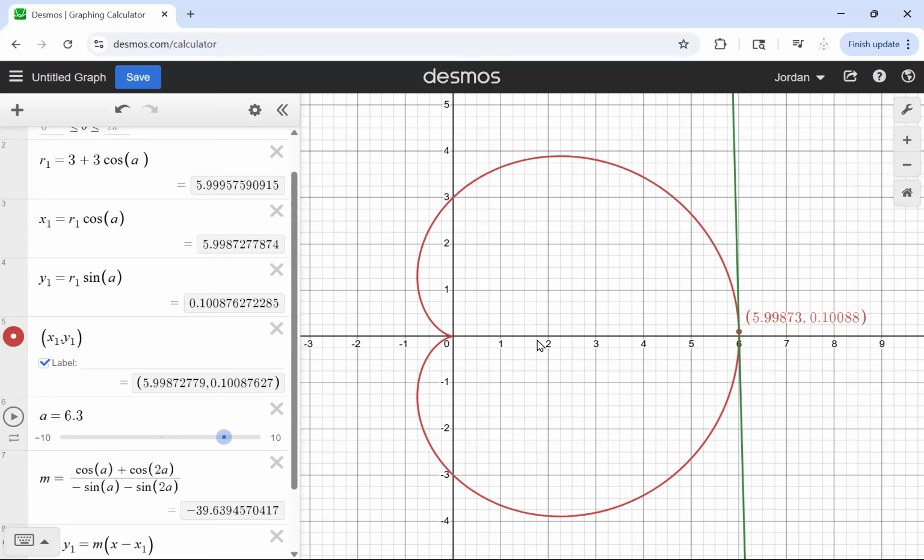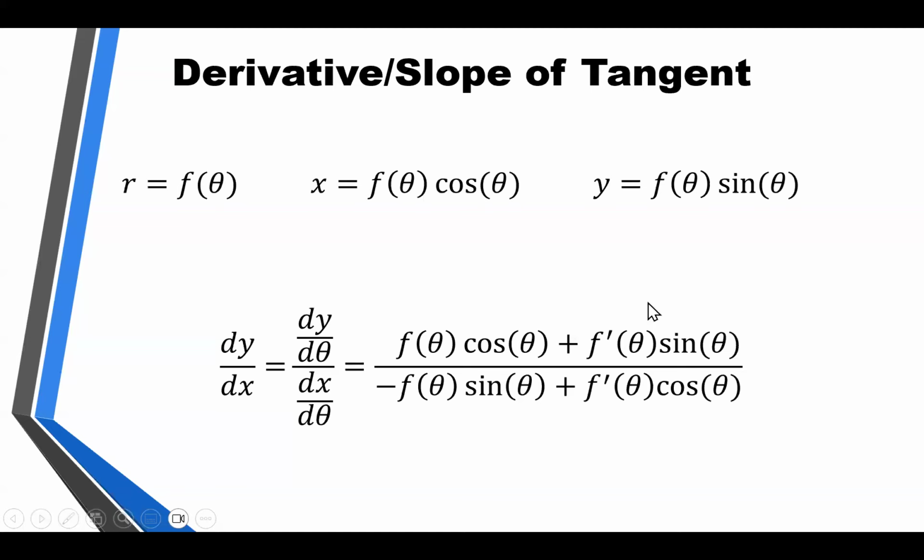So finding a derivative in polar form is much, much nicer. Even if this derivative formula looks fairly complicated, it's much, much less complicated than trying to convert our rose curve or our cardioid back into a rectangular form.